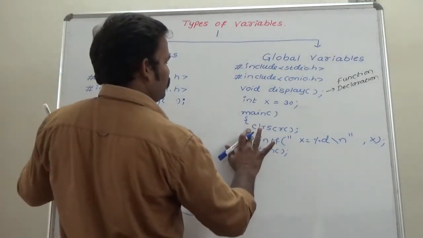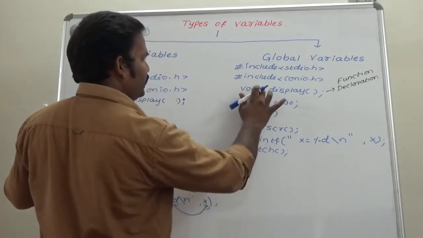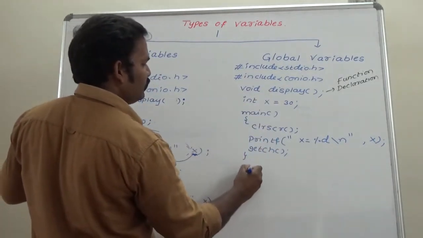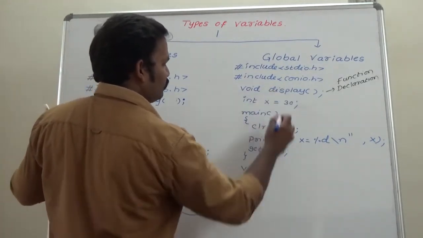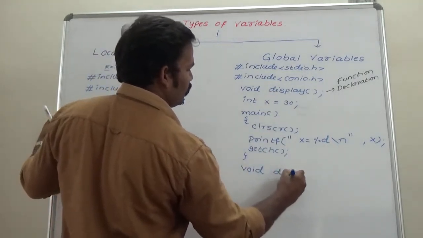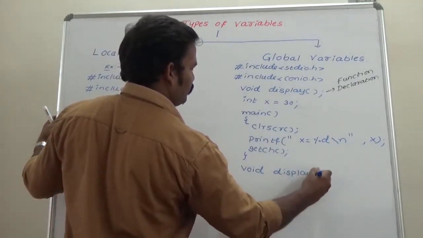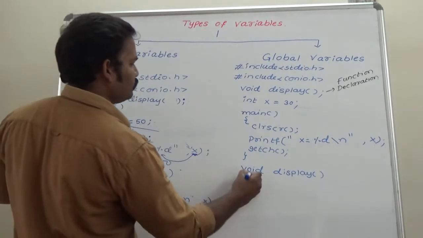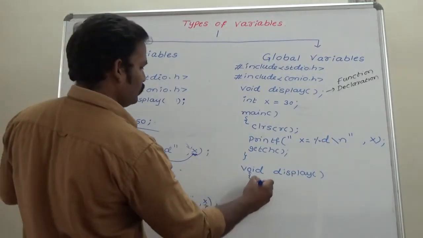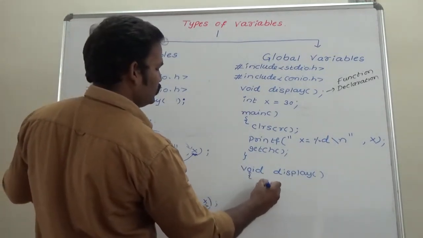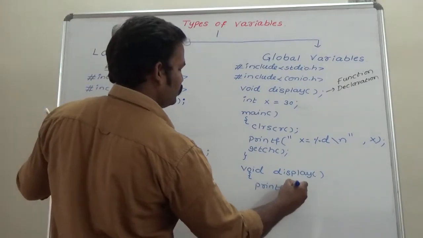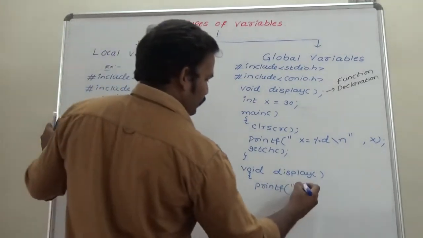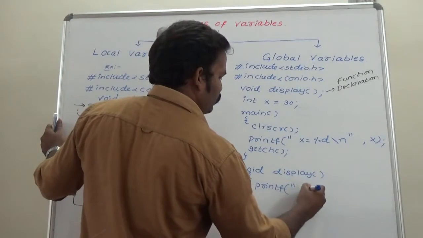Right, before your function declaration completed, next I am implementing this function void display. Here also I am trying to print x value on the screen.